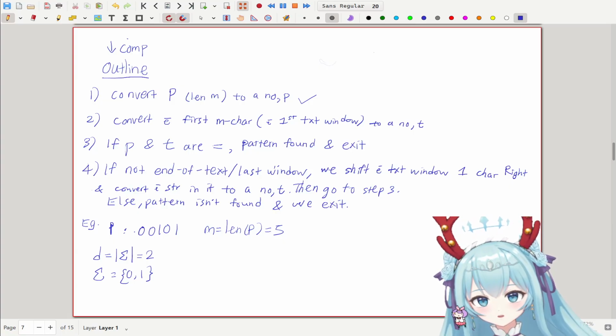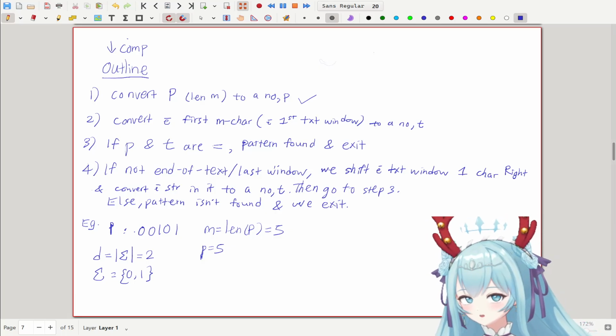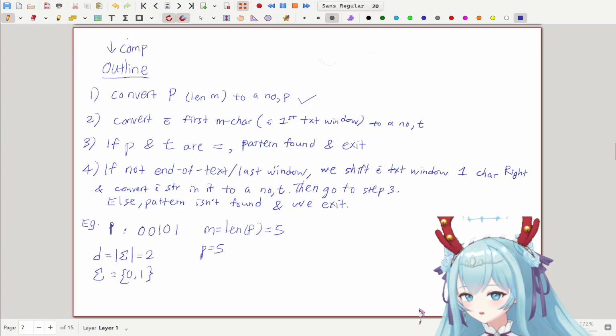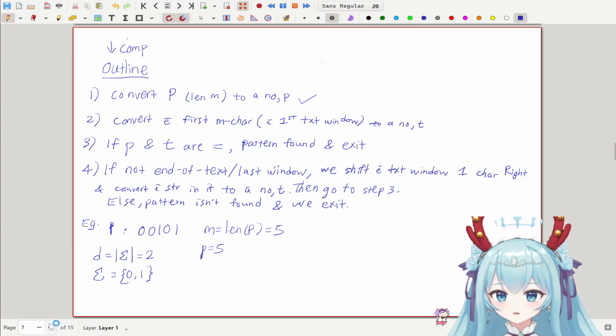So this is 1 plus 4, so it's 5. In this case, small p will be equal to 5.